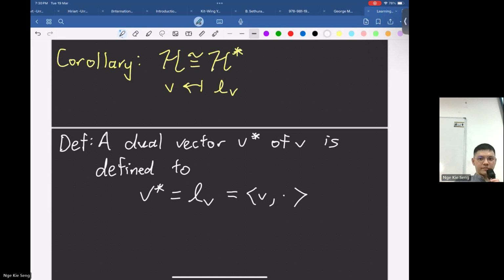Yeah, when T is bounded, then it is continuous. And I also prove in the notes that if the Hilbert space is finite dimensional, then every operator must be bounded. So that's why we only consider bounded linear operators here.